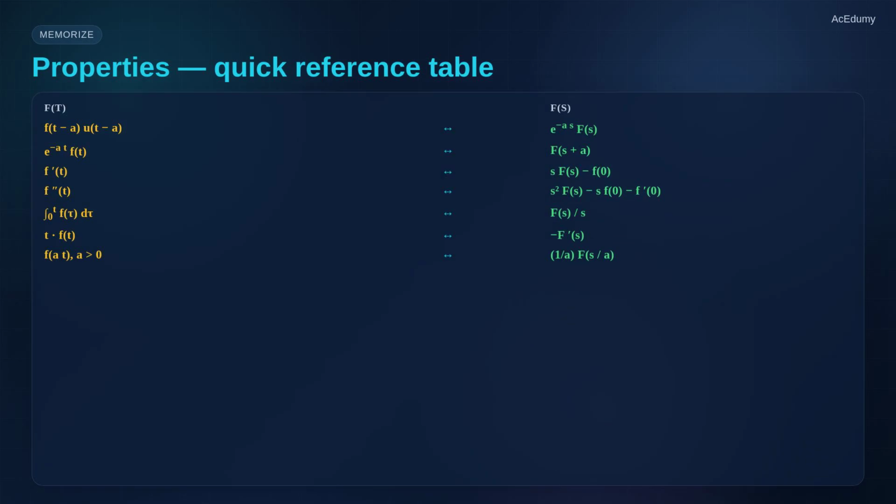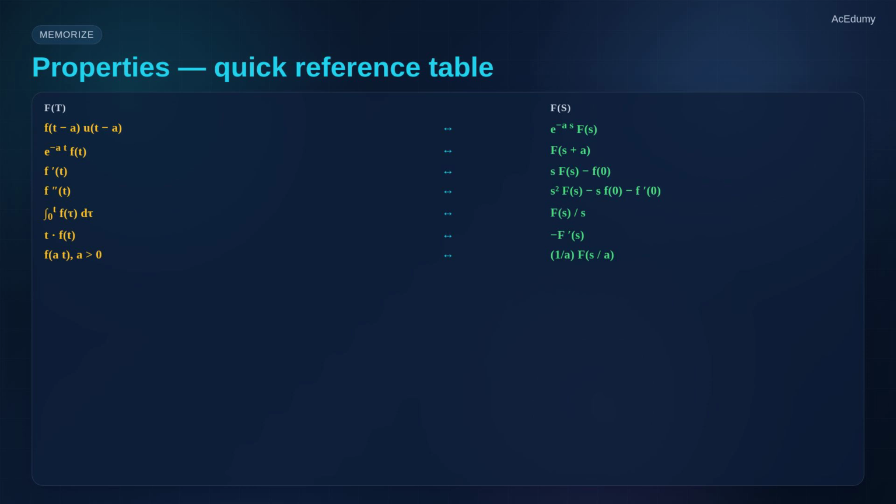Here is a running properties table for quick reference. Time shift adds e to the minus as. Frequency shift replaces s with s plus a. The first derivative becomes sF(s) minus f(0). The second derivative adds an s f(0) and an f prime of 0 correction.